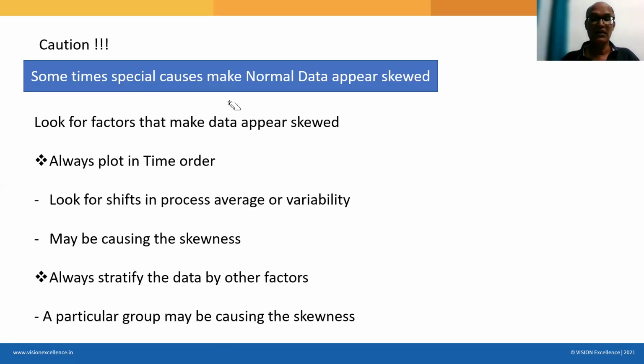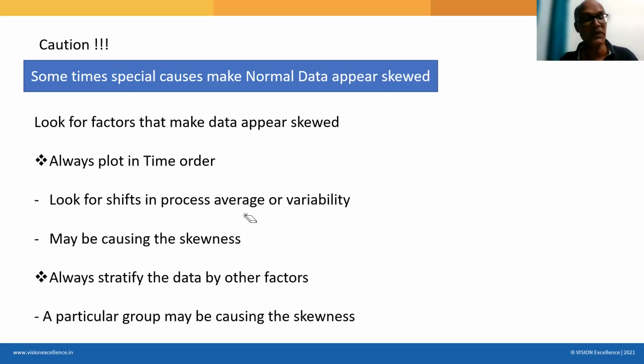So before going into the data, when you are collecting data, first of all you have to test for normality. If the data is not coming out normal, you should try some more things to see whether any special causes are involved.